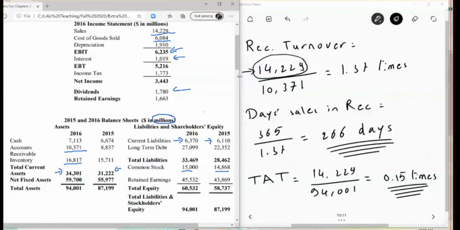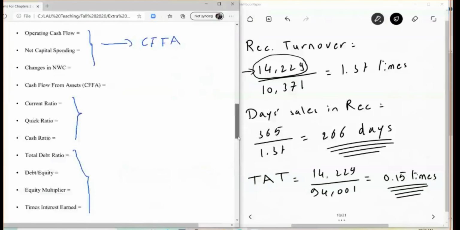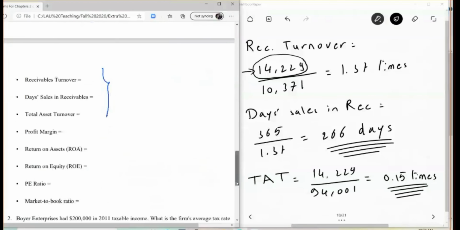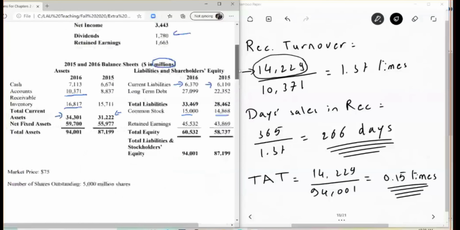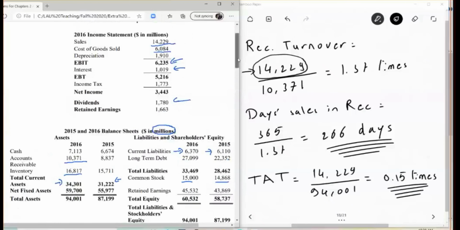Now I move to the fourth and fifth categories. I'm going to compute the profitability ratios, the profit margin, return on assets, and return on equity, and then the market value ratios, the price to earnings ratio and the market to book ratio. I start with the profit margin.